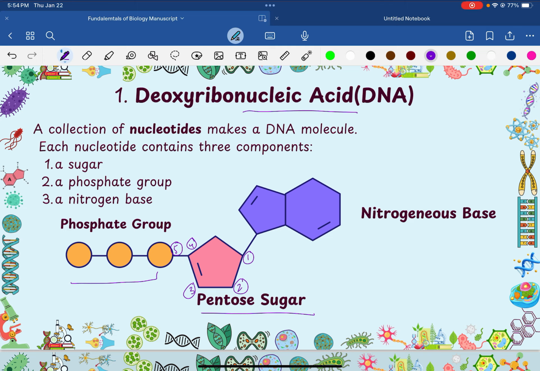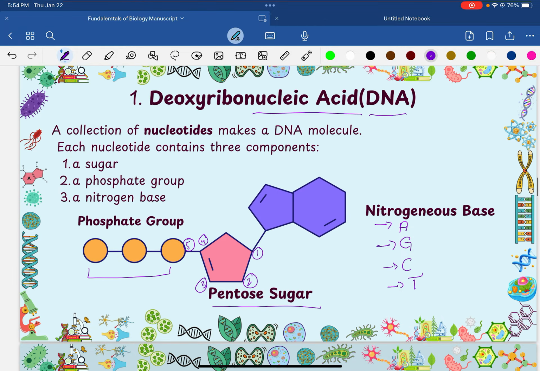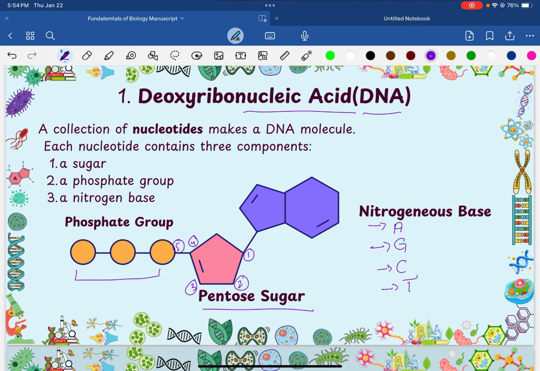This is the phosphate group, and this is the nitrogenous base, which could be adenine, guanine, cytosine, or thymine in the case of DNA. So this is the general structure of a DNA nucleotide.